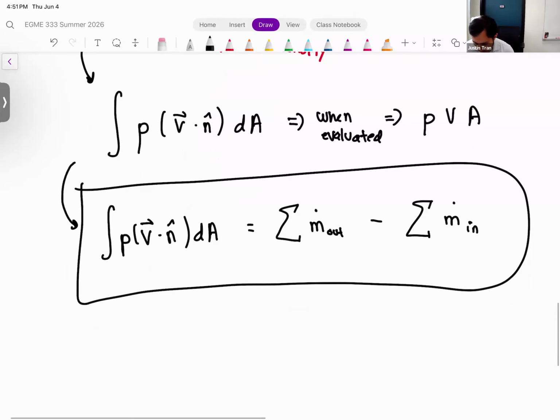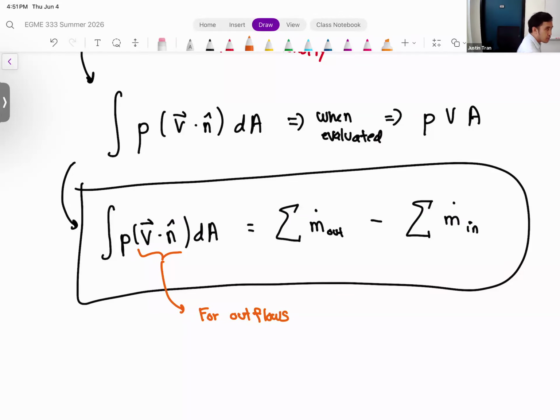Because of this dot product, and this is something that we talked about at the end of lecture yesterday, for outflows, outflows being sections of your control volume where your velocity and your normal vector are totally aligned, so they're parallel and they face the same direction, v dot n is positive, greater than 0.